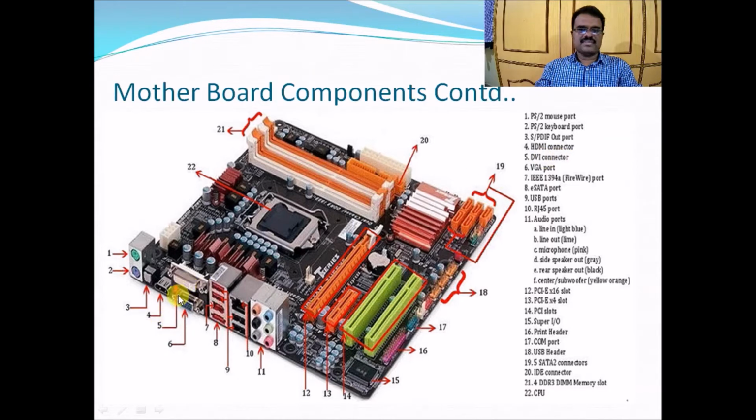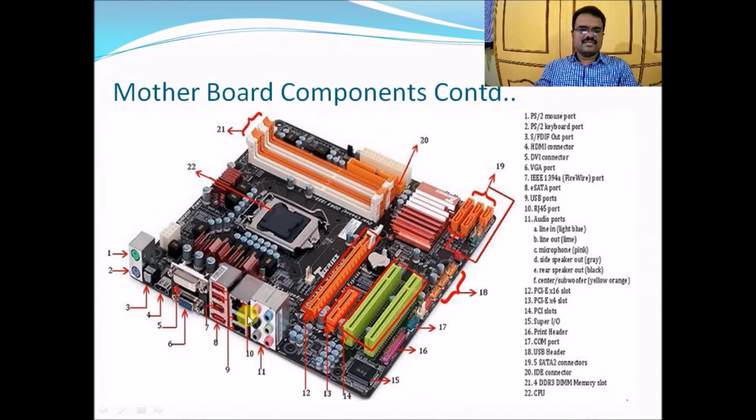The sixth one is a VGA port, which is used to connect a monitor. Number 7 is IEEE 1394, that is nothing but the FireWire port. Number 8 is the eSATA port. Number 9 are all USB ports.